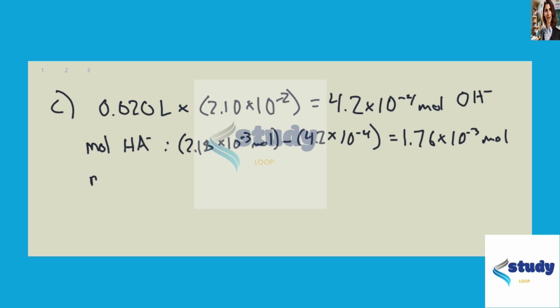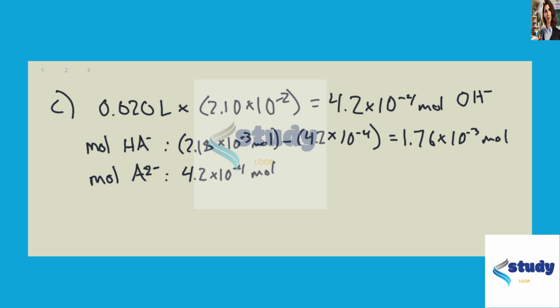And the moles of our base in this case, which is A2 minus, not a subscript, a superscript, is equal to just the same amount of base that we added.